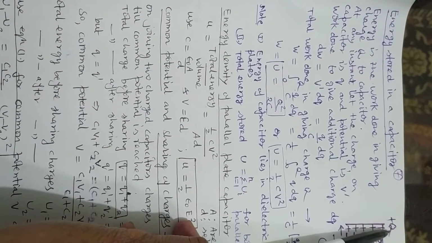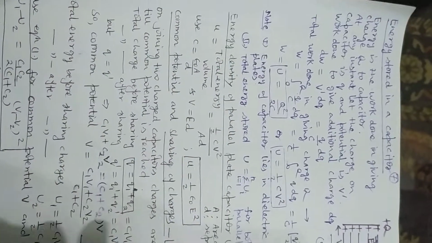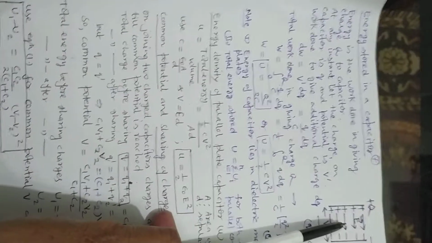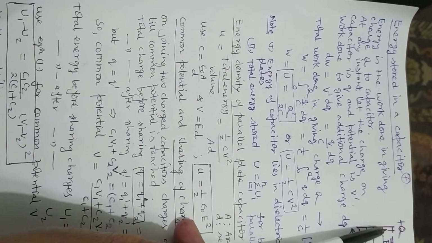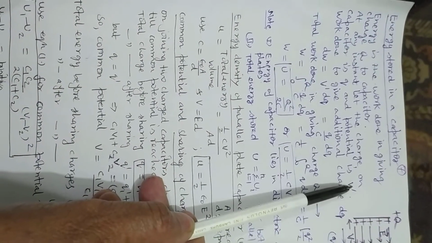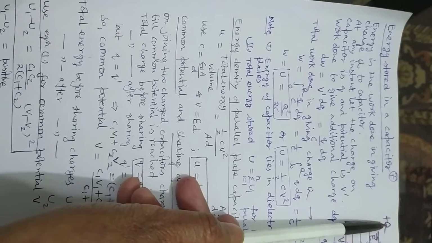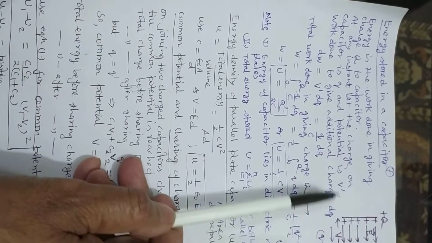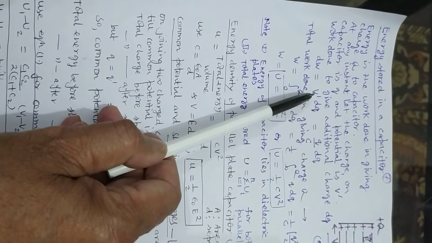So here it is the charge capital Q which we have to give to this capacitor, and let at any intermediate stage, that is at instant t, the charge possessed by the plates be small q, so that its potential is V dash, not V. V is the potential when there is a charge capital Q. So when the charge on this is small q, let the potential be V dash.